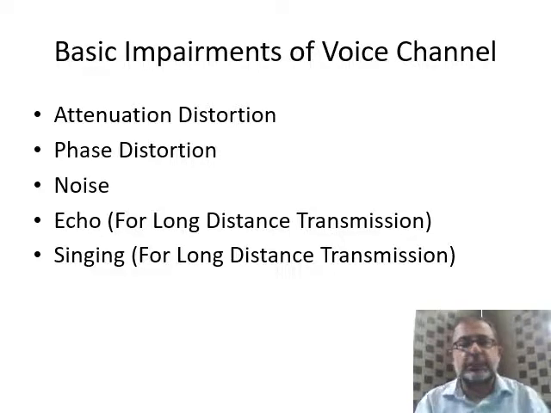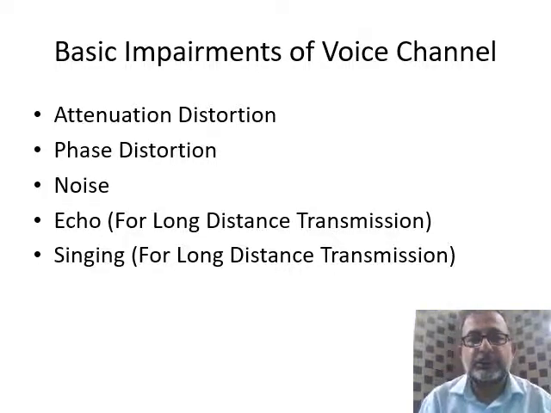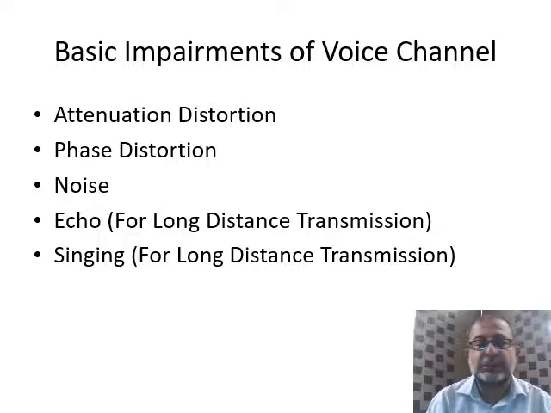Now we'll see what the basic impairments of the voice channel are. Primarily, the basic impairment is attenuation distortion. Then we have phase distortion, and we have noise distortion. After that, we have two separate categories of impairments of a voice channel, called echo and singing, because echo and singing are primarily annoying factors at the other end.